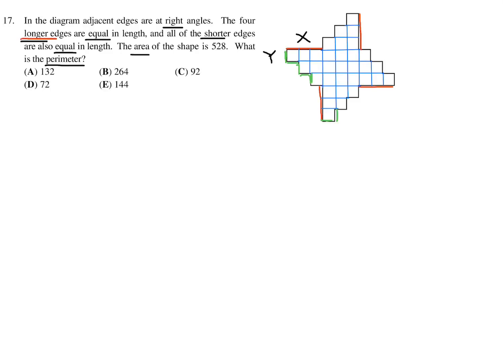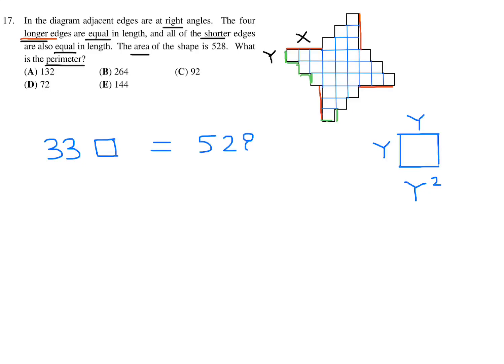If you count the number of squares, there's 33 of them, and each square, based on what we've labeled, has a side of y. So the area of each square is y squared. Therefore, 33 squares is equal to 528, which is what they told you in the question.